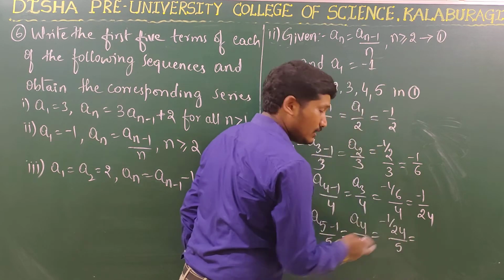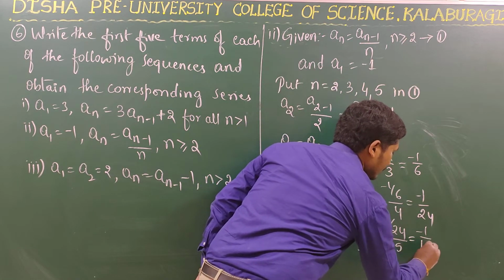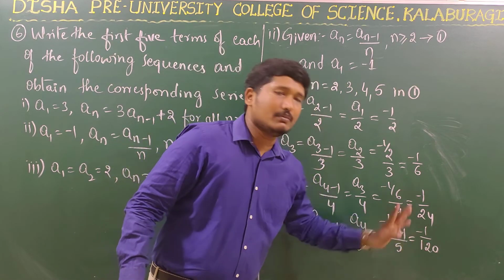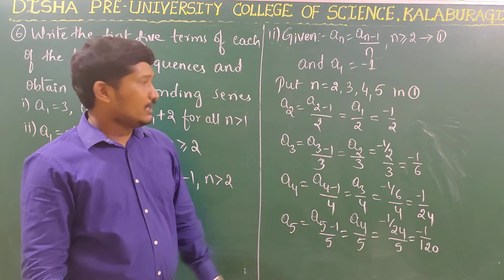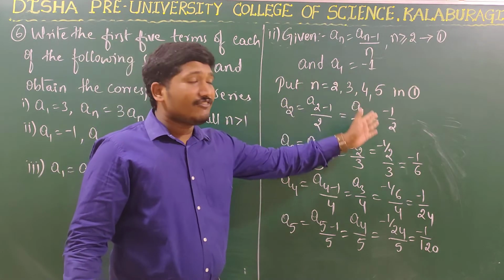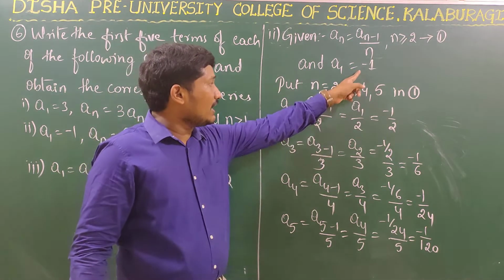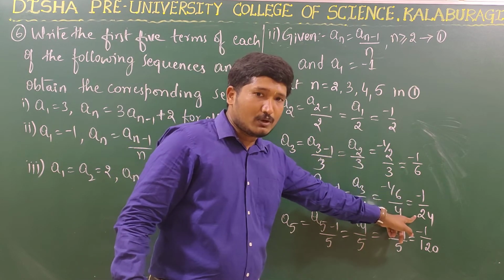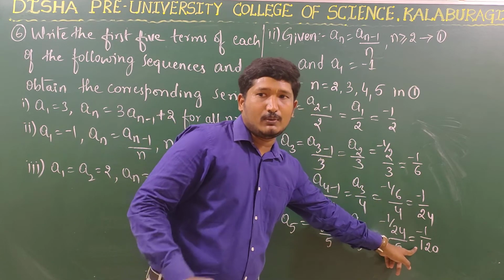This is equal to minus 1 divided by 120. When you multiply 24 with 5, the answer will be 120. So these are the first 5 terms of the sequence, that is minus 1, minus 1 by 2, minus 1 by 6, minus 1 by 24 and minus 1 by 120.